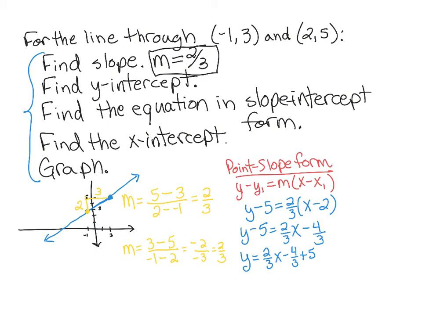Well, I have to get a common denominator of 3 so that I can put my numbers together. That gives me 15 on the top and 3 on the bottom, and I get my equation y equals 2/3 x minus 4/3 plus 15/3 is plus 11/3.